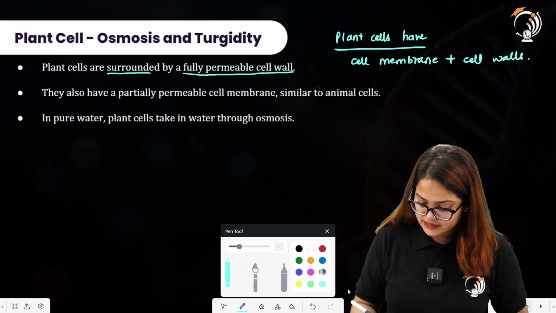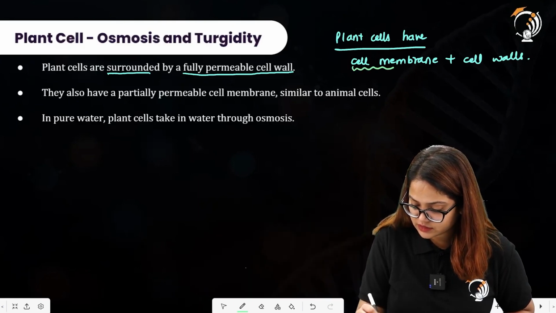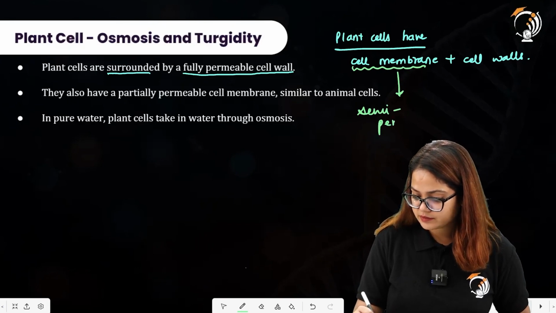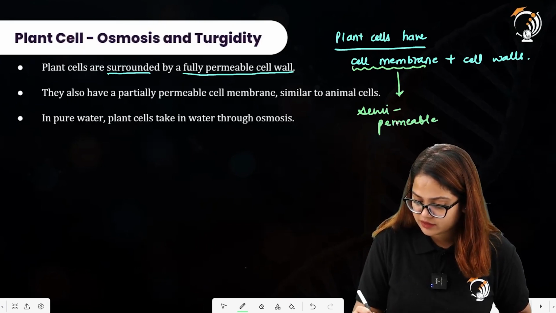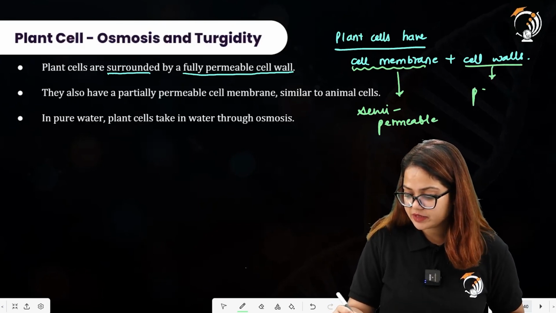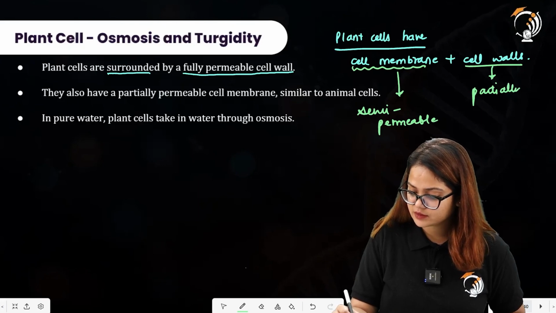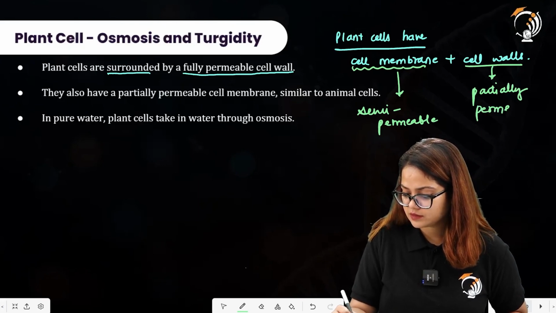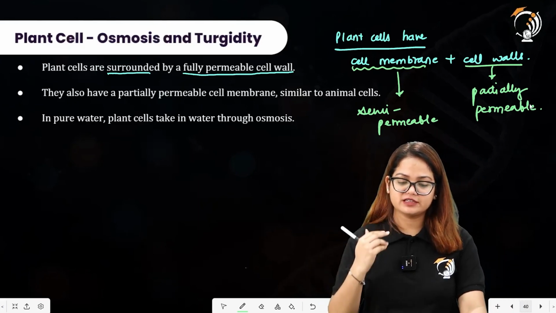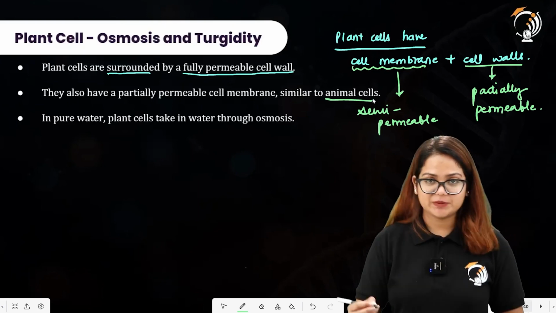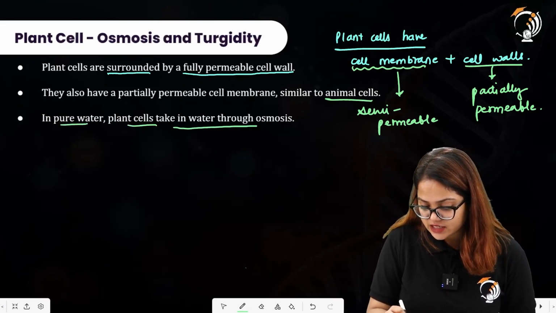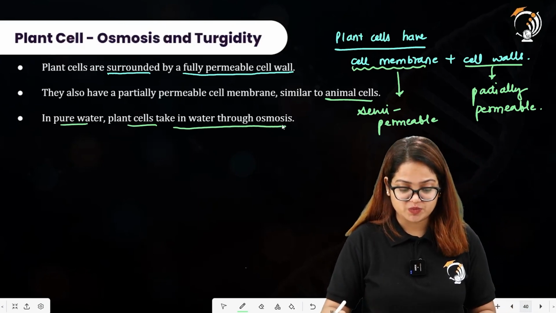The cell membrane is semi-permeable in nature, whereas the cell wall here is fully permeable. They also have a partially permeable cell membrane similar to animal cells. In pure water, plant cells take in water through the process of osmosis.